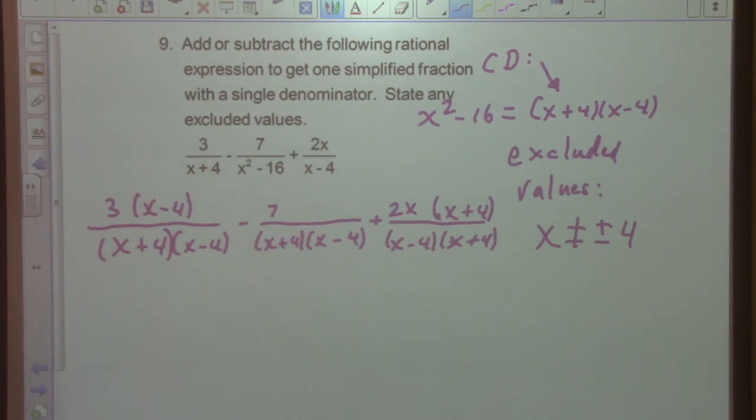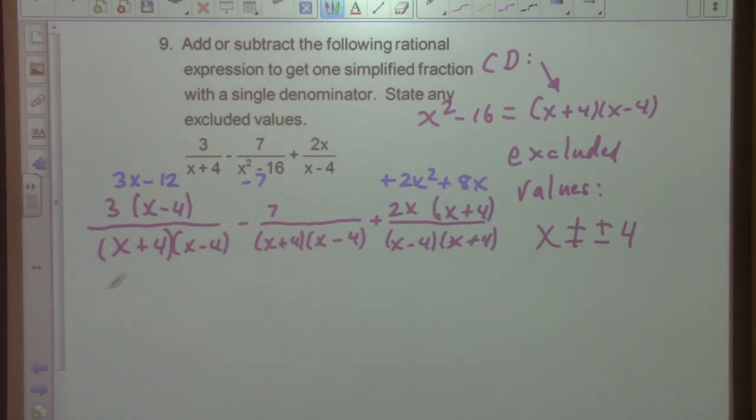And again, if we just go ahead and distribute up here, we're going to get 3x minus 12. Does everybody see that? And then up here, we're going to get minus 7, because that's just bringing this up here. And finally, we have plus 2x squared. And then 2x times 4 is plus 8x, thank you.